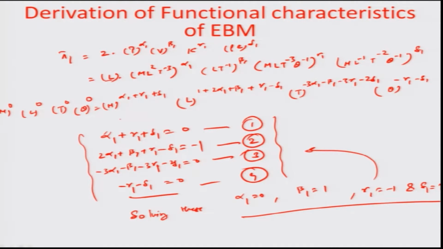So, if I were to put all these values back into the pi 1, which was initially assumed to be a non-dimensional group, the pi 1 thus would come out to be z v rho c by k, with the value of alpha 1 equal to 0, beta equal to 1, gamma 1 equal to -1 and delta 1 equal to -1.